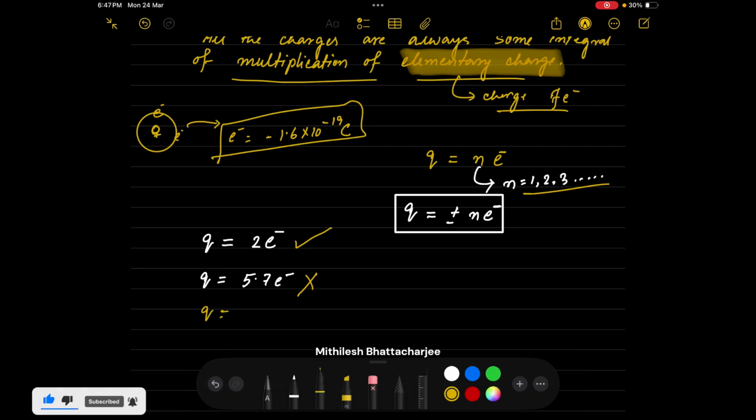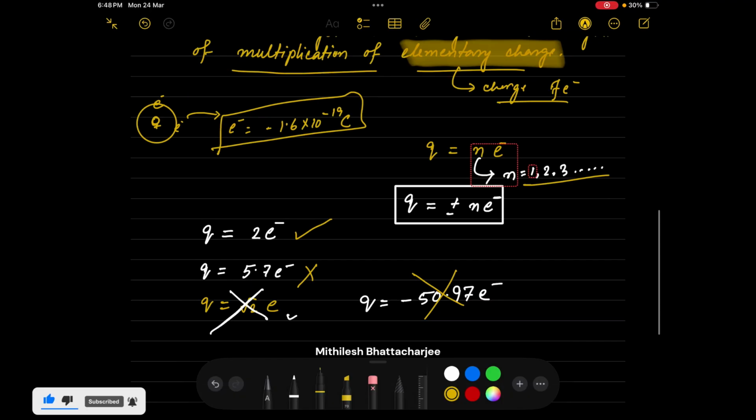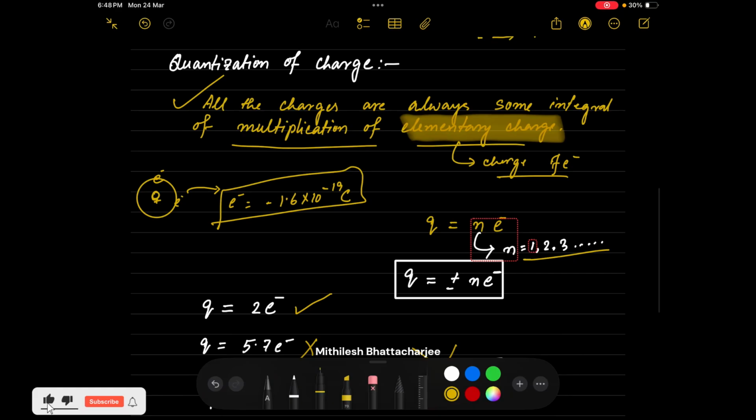We cannot say q is equal to root 2 of e. This is not possible. q is equal to, let's say, minus 550.97e. Okay, this is also not possible. So this is important: all the charges are always some integral multiplication of the charge of the electron, which is 1.6 into 10 to the power minus 19 coulomb.